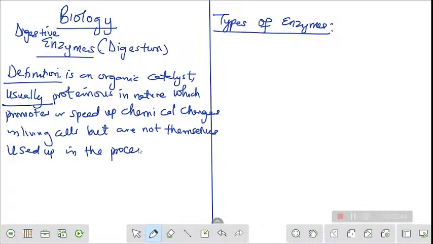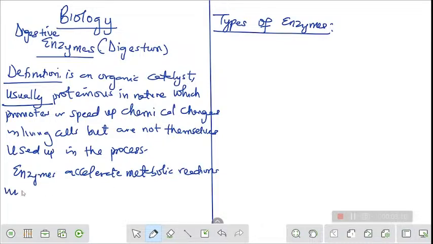So enzymes accelerate metabolic reactions without changing their composition in the process. So take note of that.